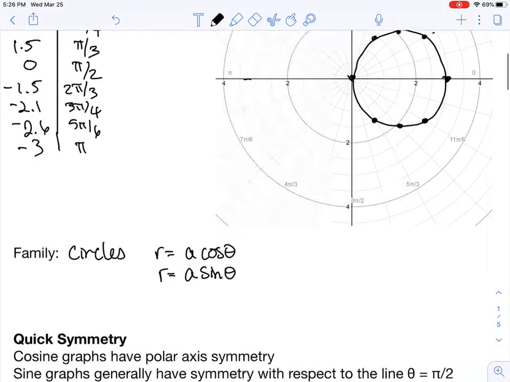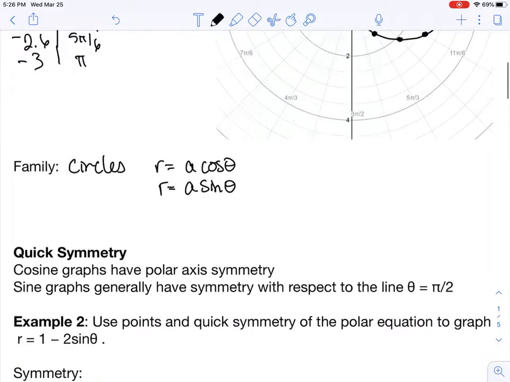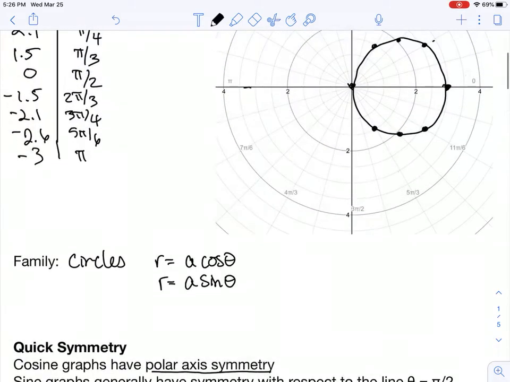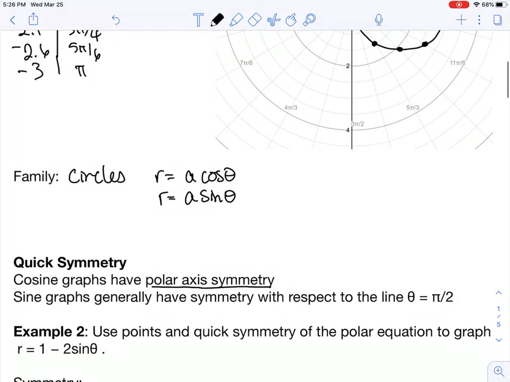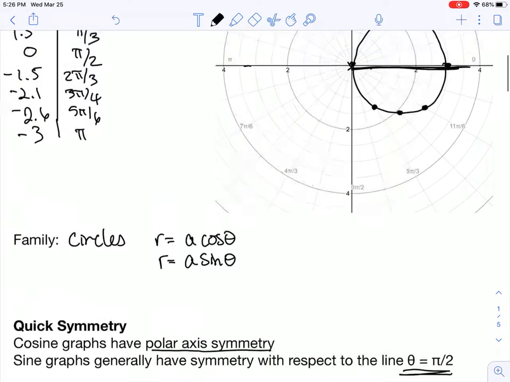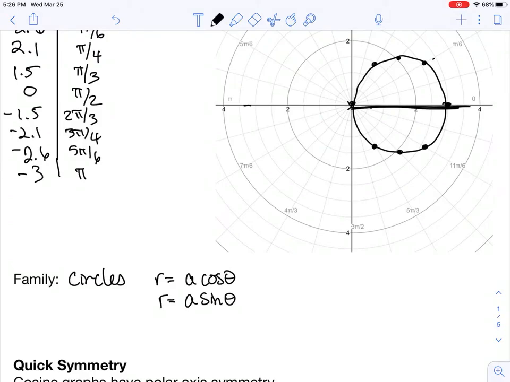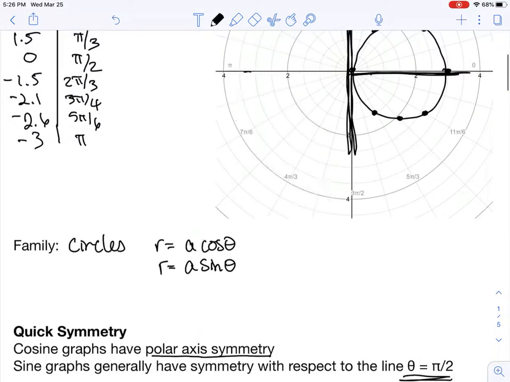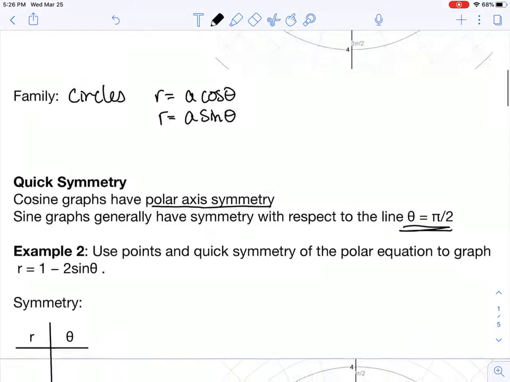And these are the quick symmetries. Your cosine graphs are going to have polar axis symmetry. That is, they are symmetric with respect to the polar axis. And sine graphs generally have symmetry with theta equals pi over 2, or in the rectangular, what we like to call the y-axis. So sine graphs will be symmetric generally with the y-axis.